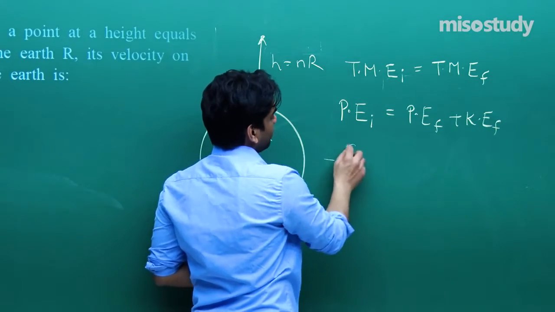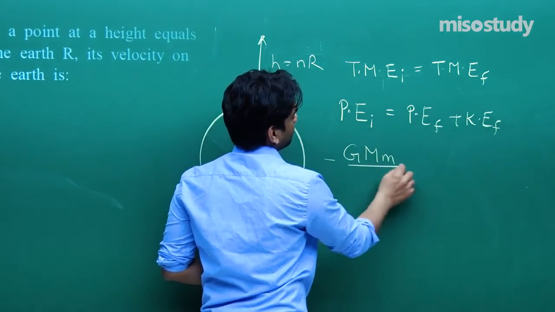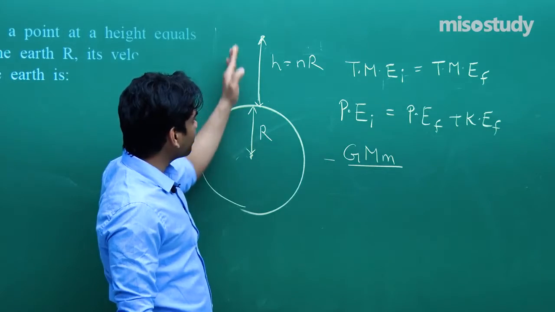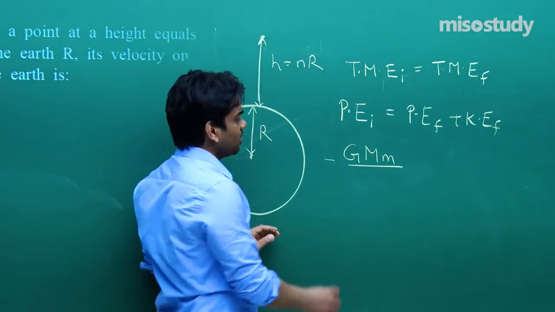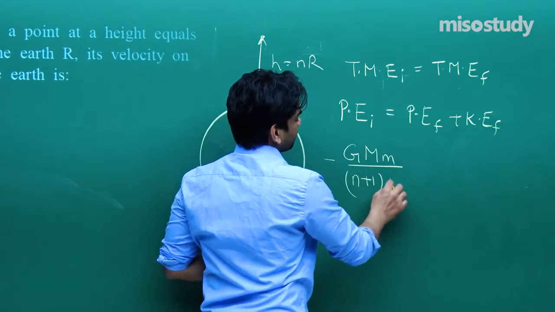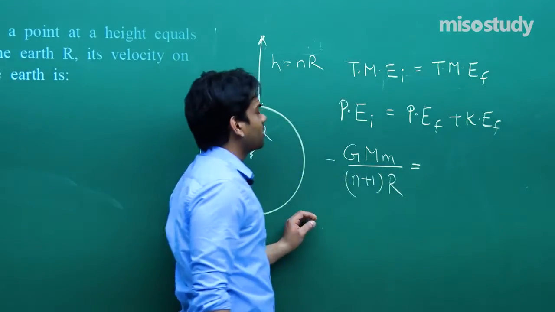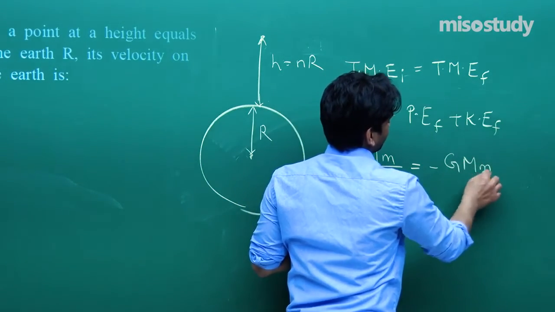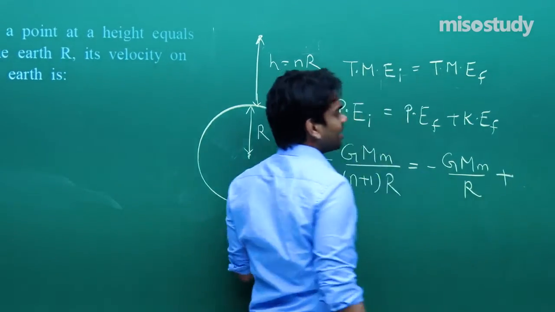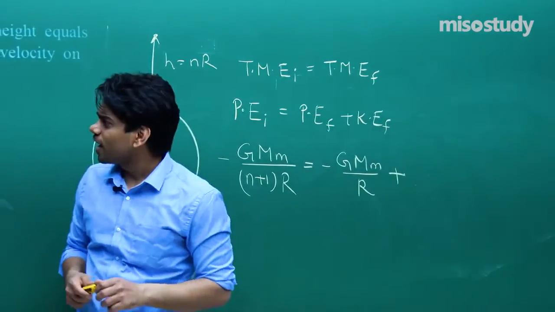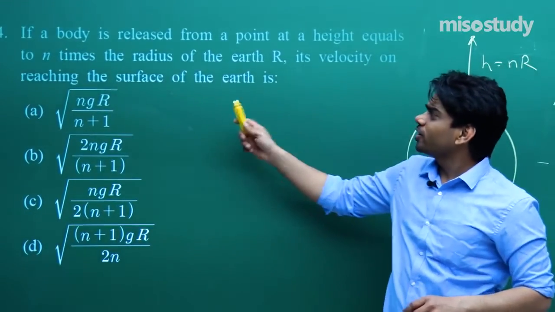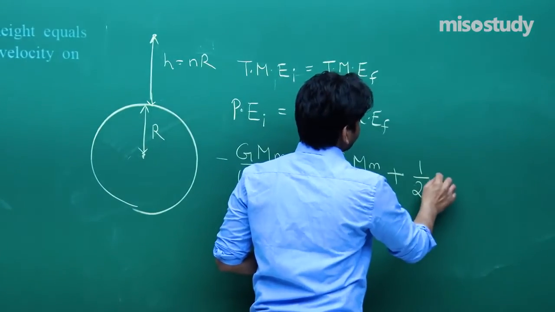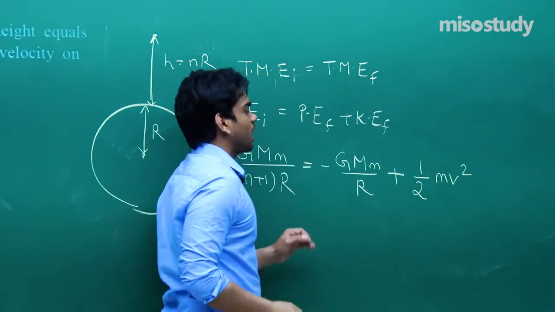Potential initial will be minus GMm divided by its total height from the center of the earth, that will be nR plus R, that is (n plus 1)R, is equal to potential energy final at this point, minus GMm divided by R, plus kinetic energy. Kinetic energy will be half mv square, and that is what we need to evaluate, its velocity on reaching the surface of the earth. Let's write it as half mv square. V we need to evaluate.